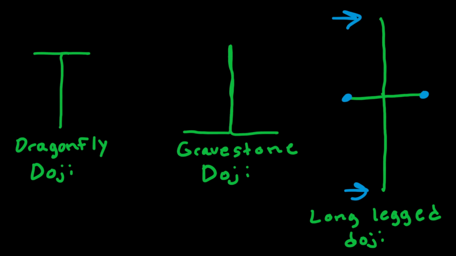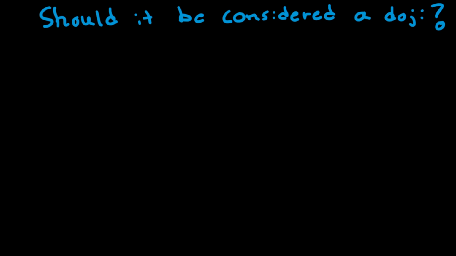Now let's take a look at whether a candle should be considered a doji or not. Well, as I said earlier in the video, it is okay to have a small real body when we're talking about dojis, so something that looks like this. But when we are examining if we should count it as a doji or not, there are a few things we need to consider.